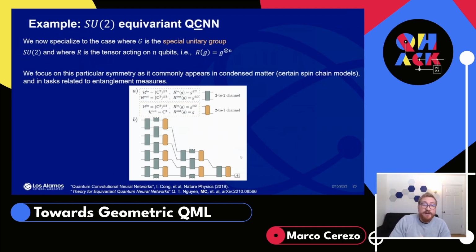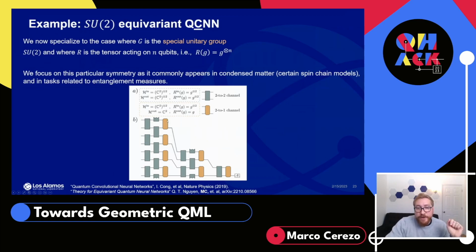So the first thing that one needs to do here is find channels that are going to be equivariant. And now, because we're trashing, we're starting to include this new thing where the representation of my symmetry might change. For instance, if I have a unitary channel, I apply a unitary here, I apply a unitary here, it has to commute through. So the input representation and the output representation are the same.